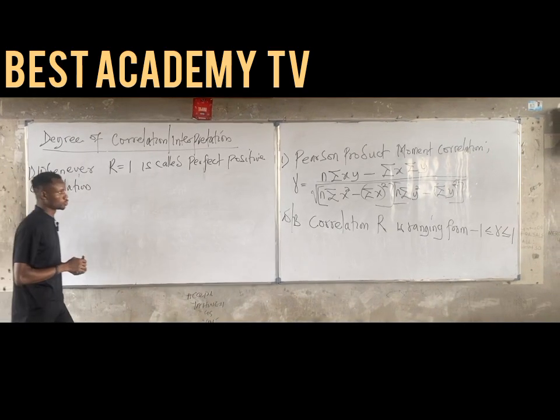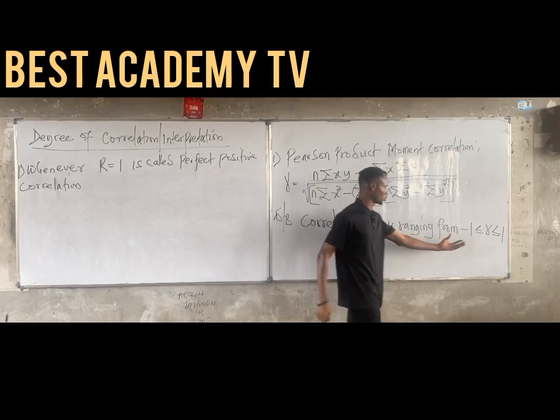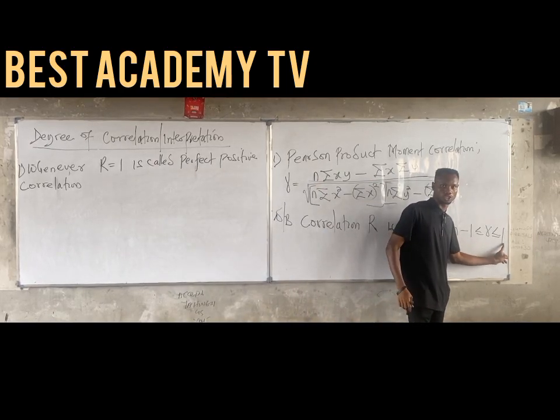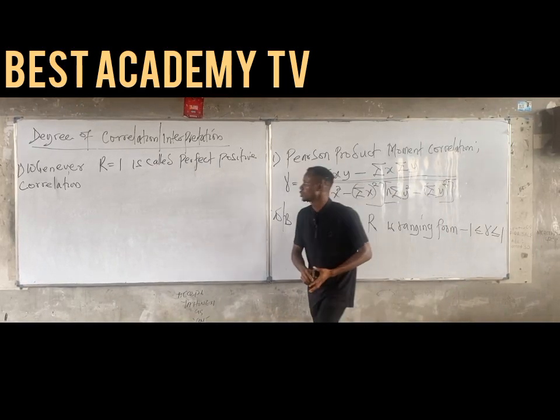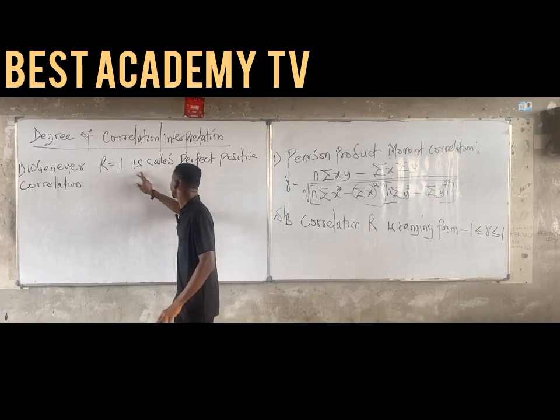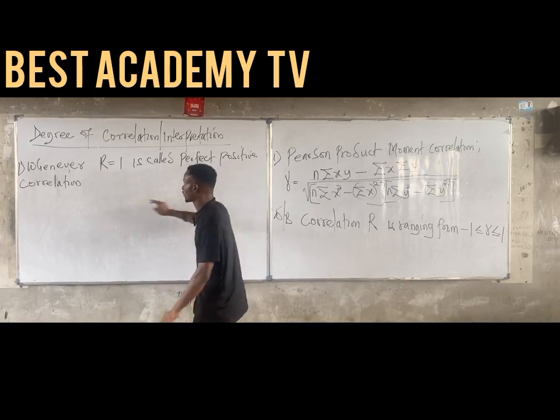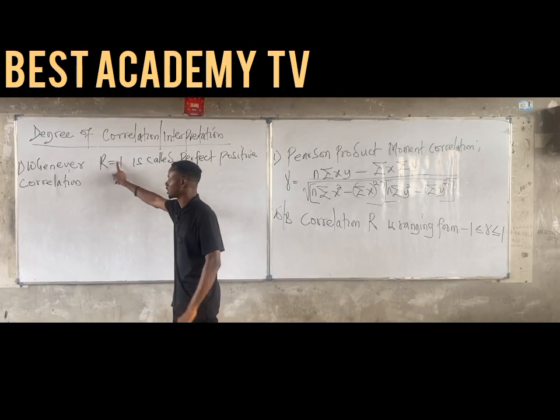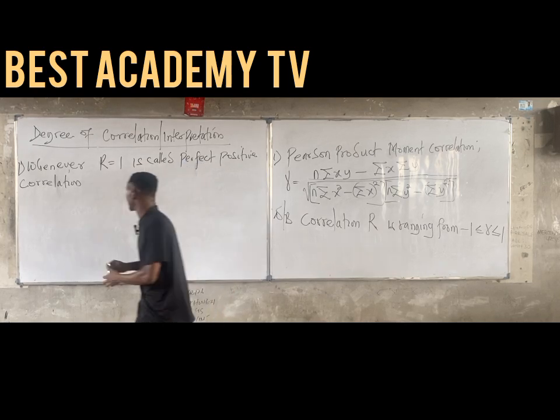We are choosing the end values of the range, and we have chosen this one here, that is 1. So when r is equal to 1, it is called perfect positive correlation. Positive means that there's an invisible plus sign here. Please take note.